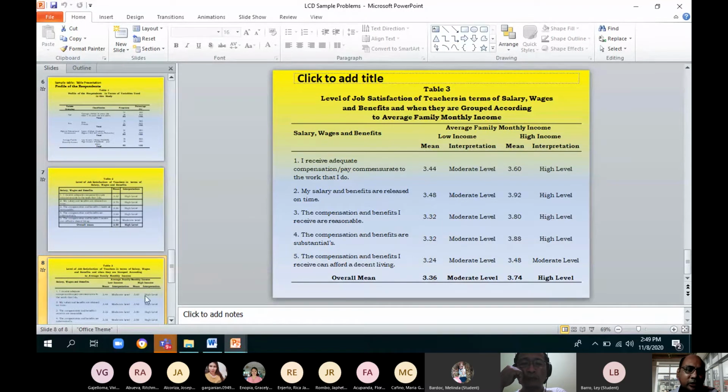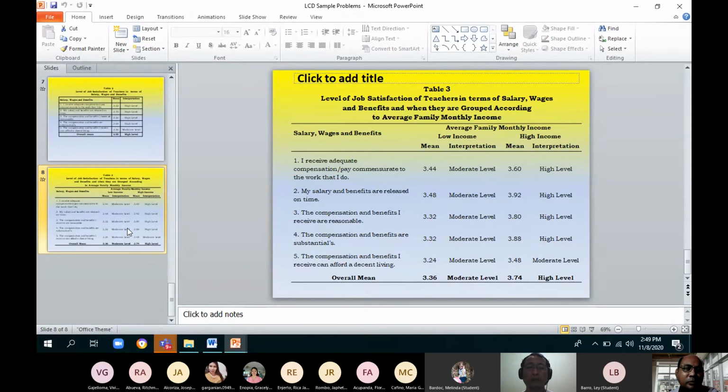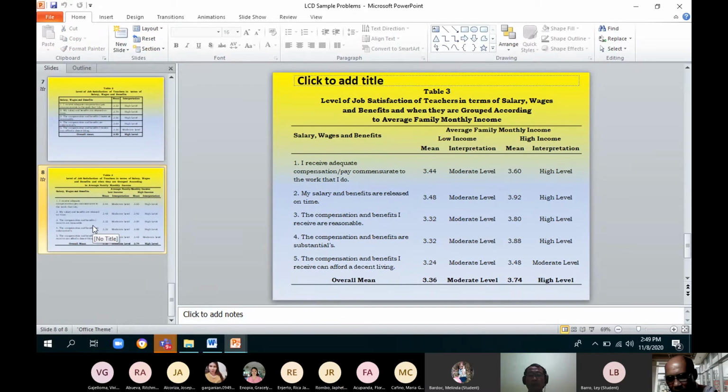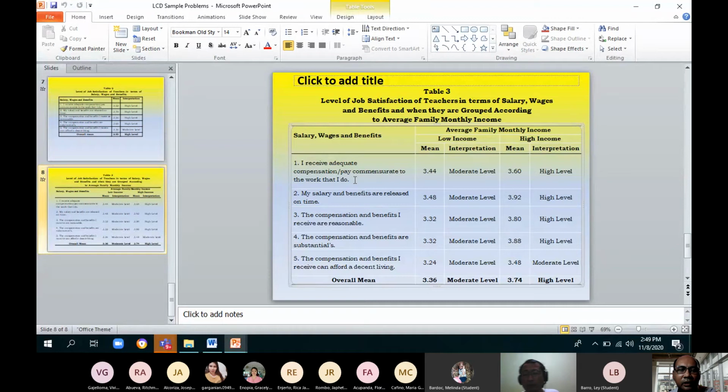Okay? So, ito ang presentation sang table in your thesis. Kung nandyan na kayo sa chapter 4, presentation and analysis. Okay? Now, always remember again, do not cut the table. Dapat doon lang siya in that particular page.